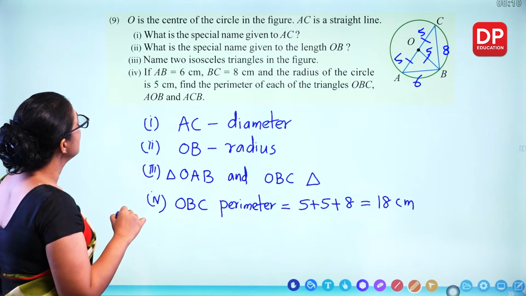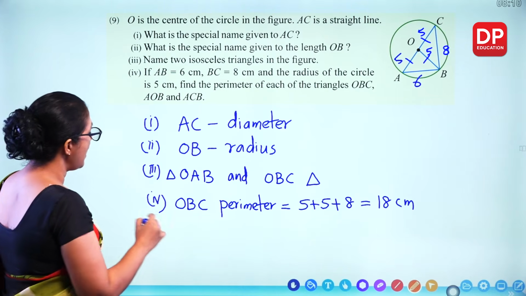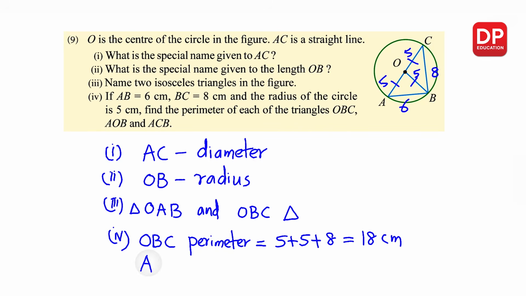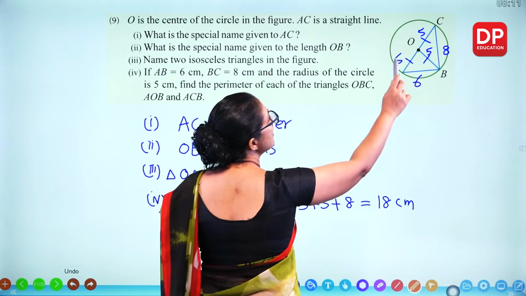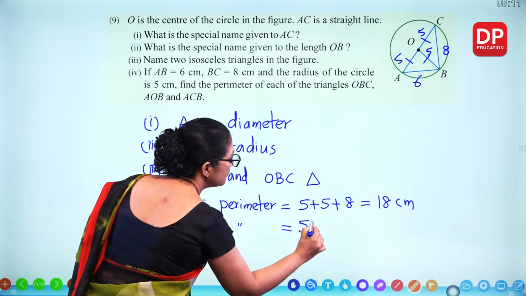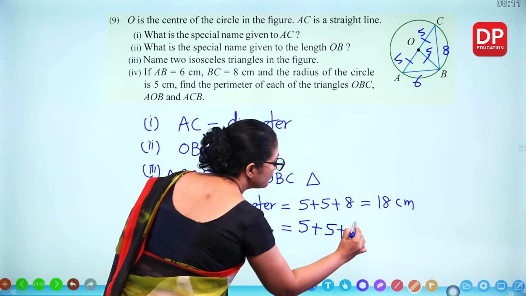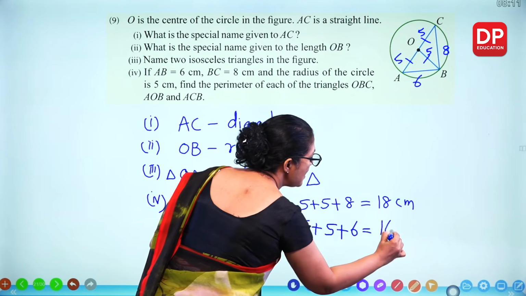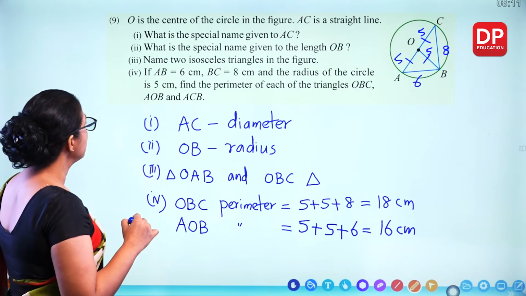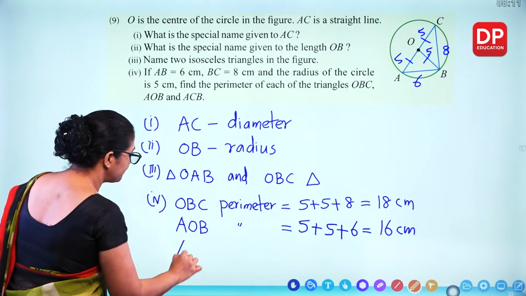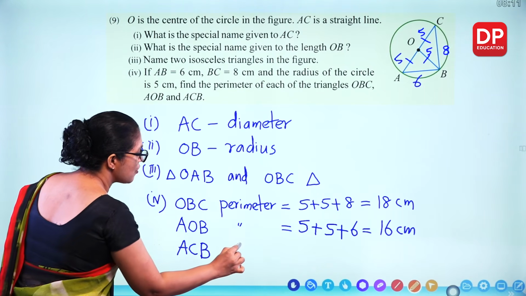Then AOB. Now we'll take AOB triangle. AOB, that's 5, 5, 6. So that's 16 centimeters. Then ACB triangle.